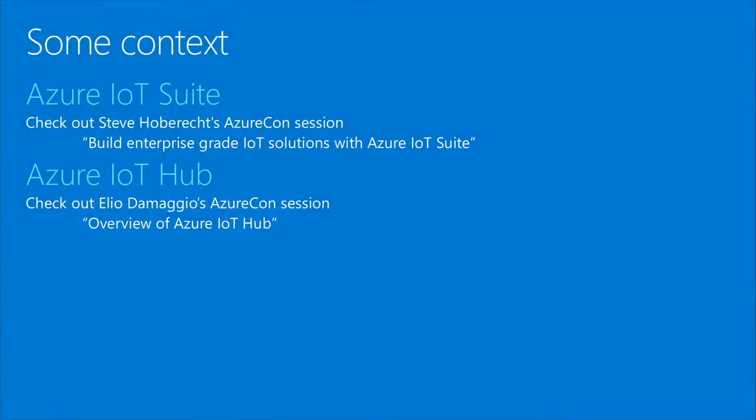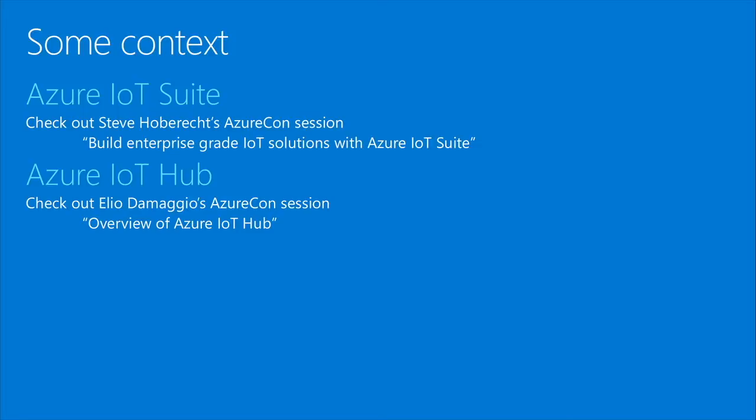In terms of getting more context and details about the Azure IoT Suite and the IoT Hub service, there are a couple of other videos you can check out from my colleagues Steve and Elio. The first one is an introduction to the IoT Suite, and you will learn how you can bundle together all these IoT-related services to build end-to-end solutions, build your own smart thermostat, build your own industrial automation controller system, and so forth.